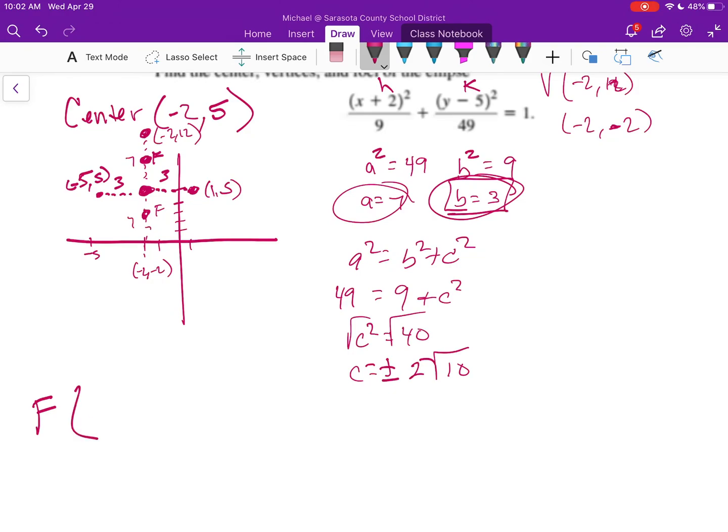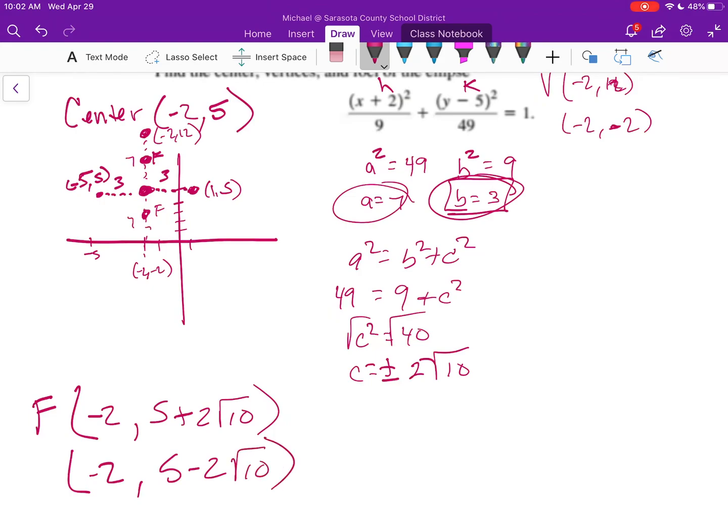So that means my focus points are going to be found at -2, 5 plus 2 square root of 10 and at -2, 5 minus 2 square root of 10.